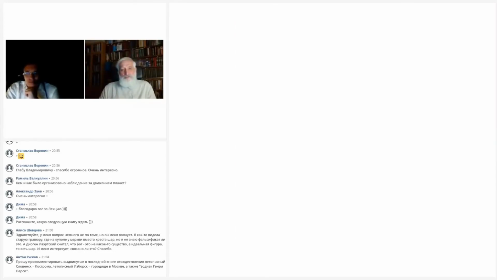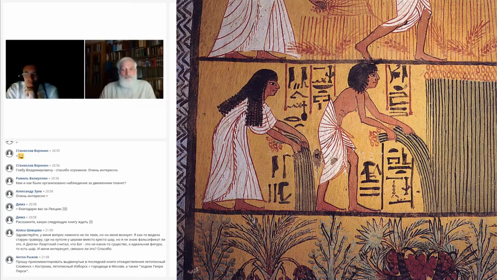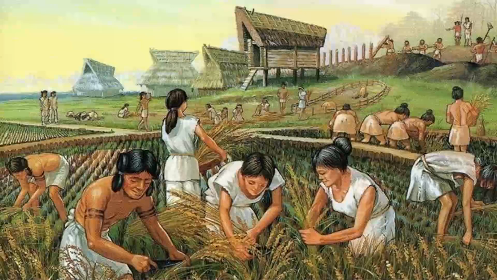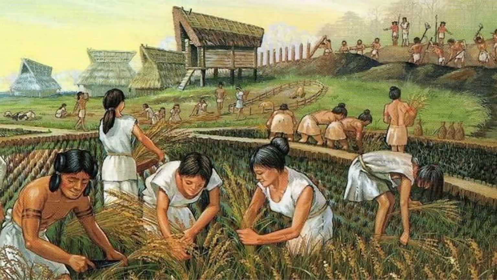Farmers require state protection and need a calendar because the agricultural cycle is annual. They need to know in advance whether to sow or not. The most crucial question is when to sow, because it may already be warm outside.